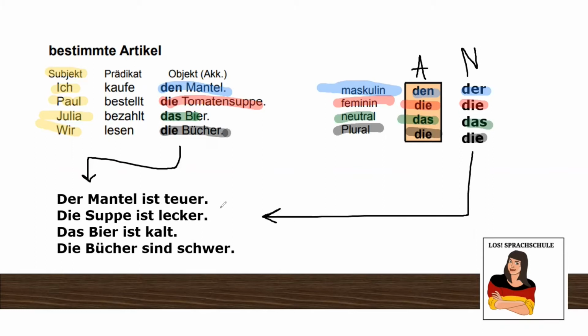The coat is expensive, the soup is tasty, the beer is cold, the books are heavy. So now the object became the subject. It's all about the subject and what happens with it. So you see really clear, I think at least, that if you change the grammatical function of an object to make it a subject, it changes its article as well.